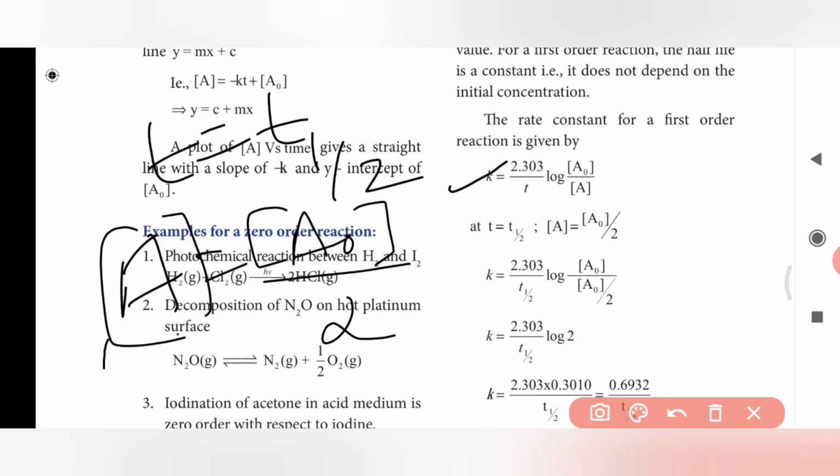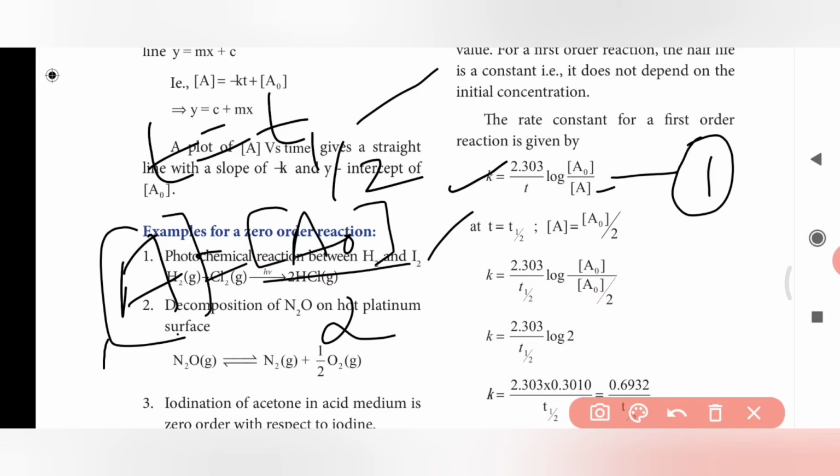So we take half of its initial value, a naught by 2, where a naught is the initial concentration before the reaction proceeds. We put these values into equation 1. So K equal to 2.303 by t half, log of a naught divided by a naught by 2.